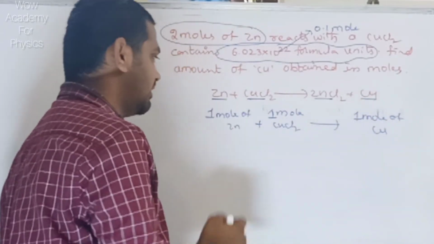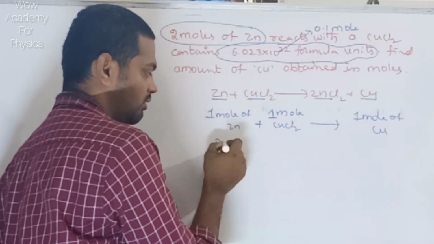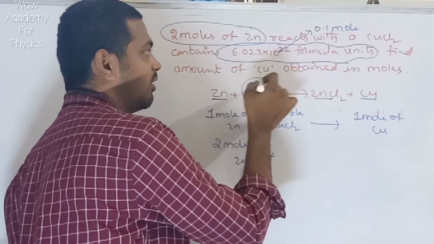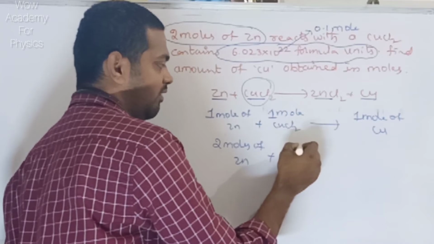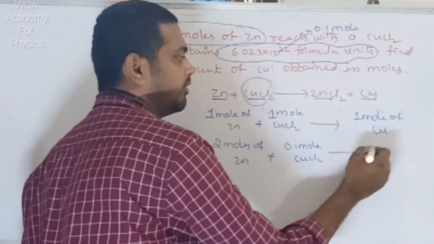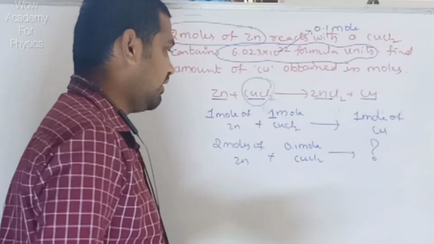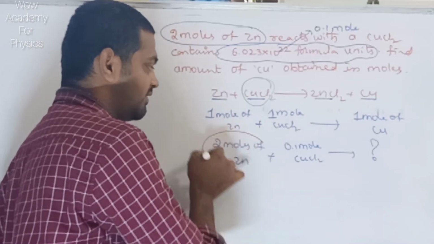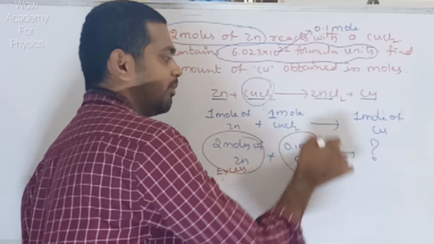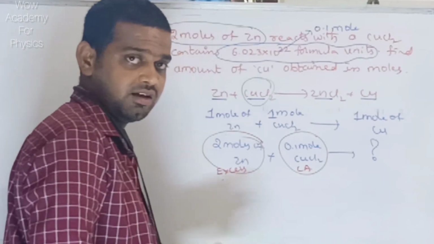But in the question, zinc is taken as 2 moles, plus cupric chloride taken as 0.1 mole. 1 mole of cupric chloride will produce how many moles of copper? If you estimate, 2 moles of zinc is in excess quantity and 0.1 mole of cupric chloride is the limiting quantity or limiting reagent.